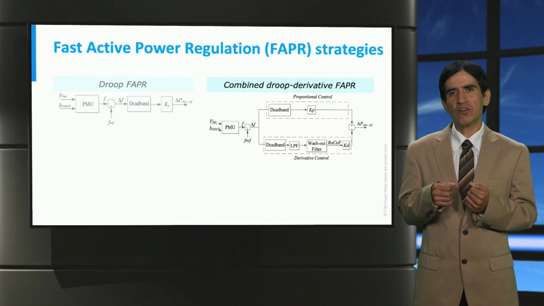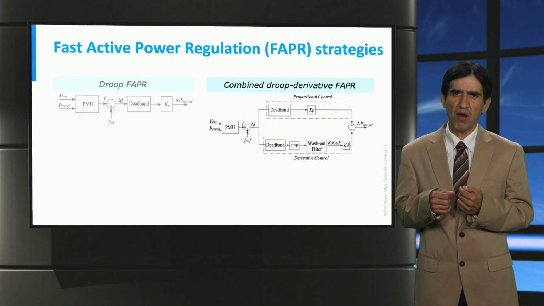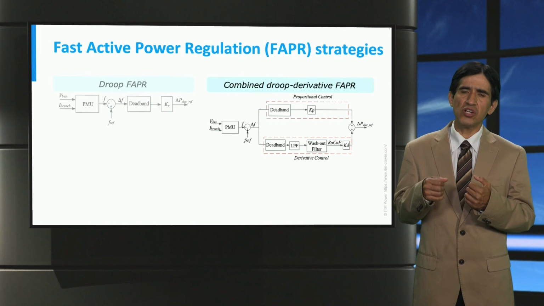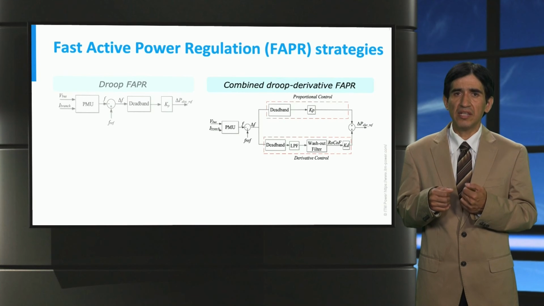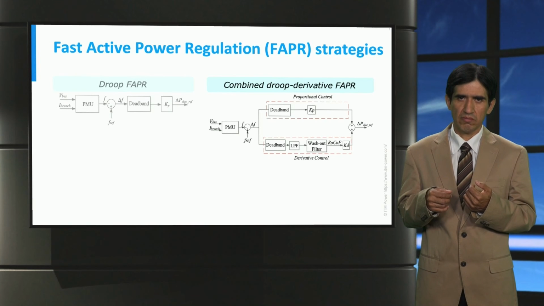In this way, the combined droop derivative fast active power regulation adjusts the active power consumption of the electrolyzer, which attempts to prevent a steep rate of change of frequency and a large frequency deviation.